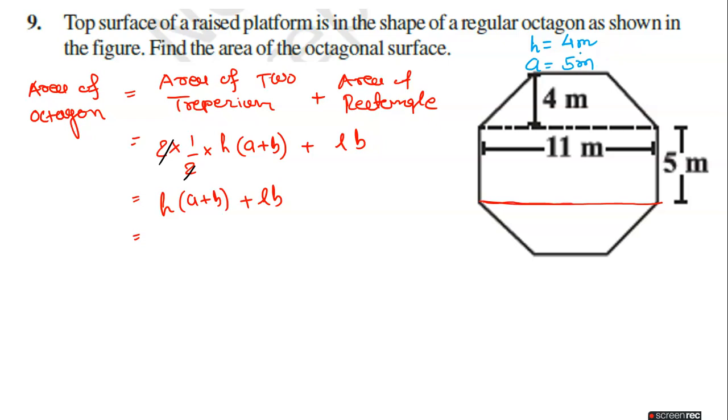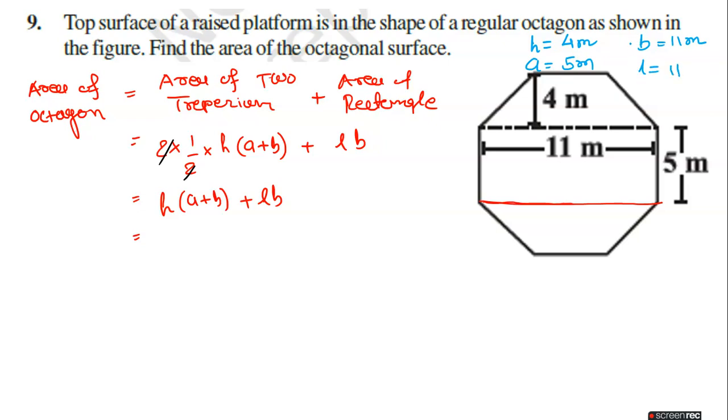And a is equal to 5 meter and b is equal to 11 meter, this one the bigger side. Okay, and now L and B are for the rectangle. So L is length, so length is equal to again 11.